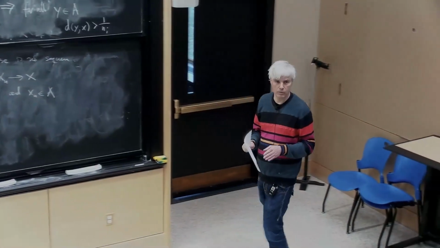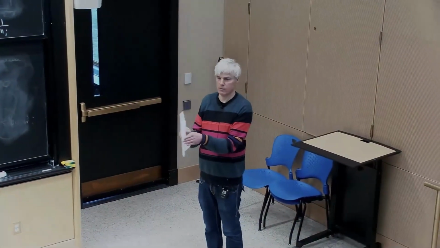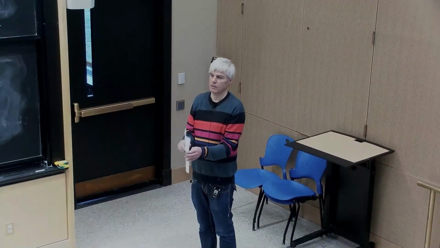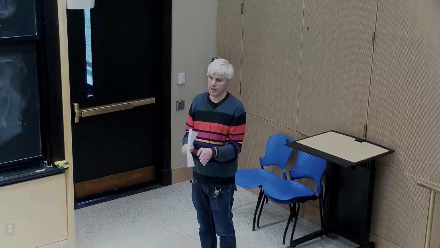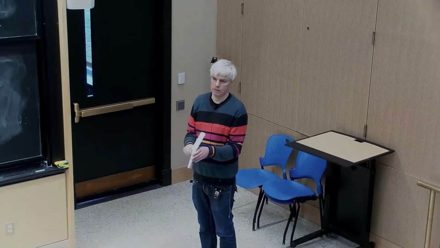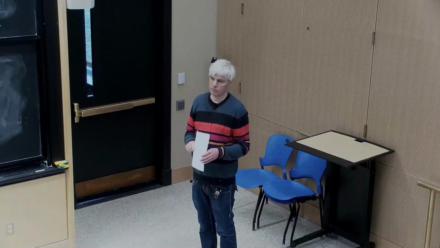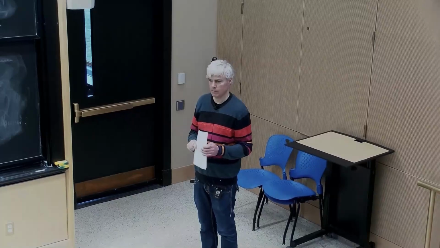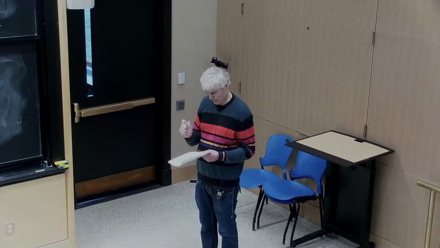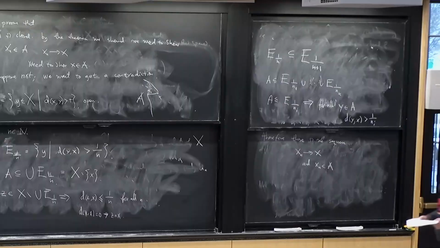We wanted to check that whenever you have a sequence in A that is converging, then the limit is also in A. So there was supposed to have been such a sequence. So that's the desired contradiction.